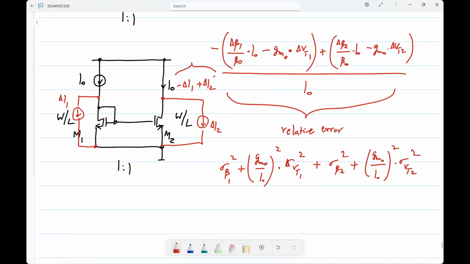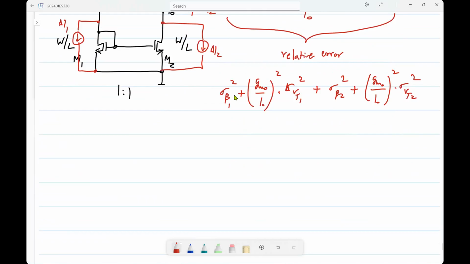Okay, and they're identical transistors, so sigma beta 1 square and sigma beta 2 square are the same. Similarly for variance of VT.